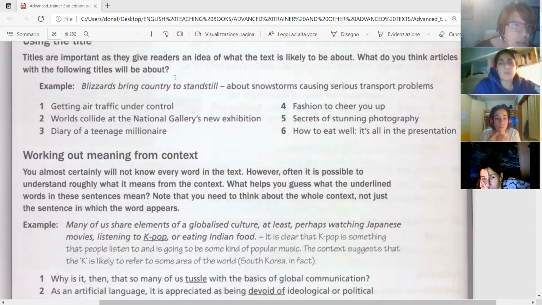This is nice. What about words collide at the National Gallery's new exhibition? What kind of exhibition do you think they are talking about? Something about space. I think collide is like, non è collidere ovviamente.